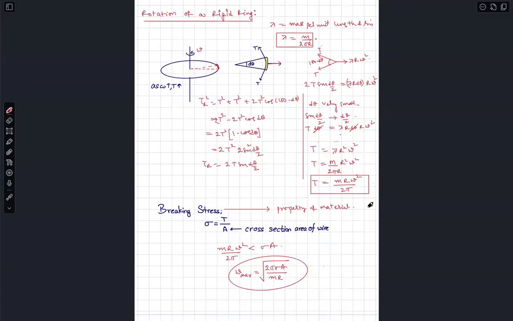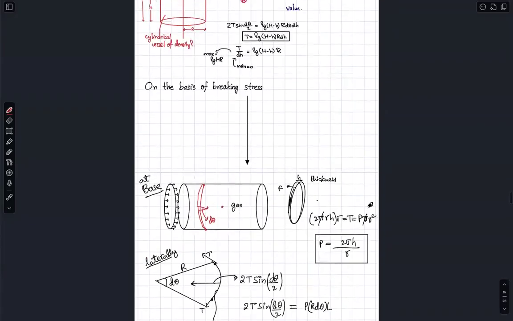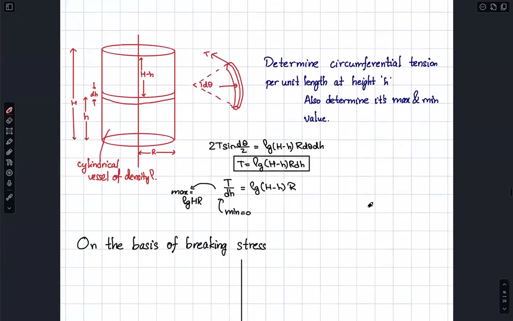Yes, sir. Right. Now see, this is a cooker problem. You are using a gas in a cylindrical container. So when there is gas, what will happen is that the cross-sectional area wherever you are seeing there, as the gas pressure increases, a radial stretching takes place, right?